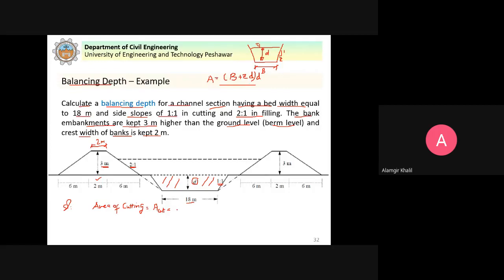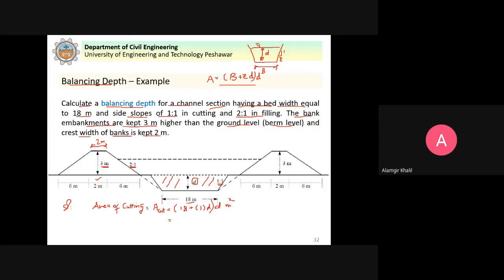Now according to this equation, you can see here that the bottom width is 18, plus we have Z. Z is 1 here, the side slope is 1:1, so Z is 1, and D we have to calculate, so this is D into D. This is square meter.